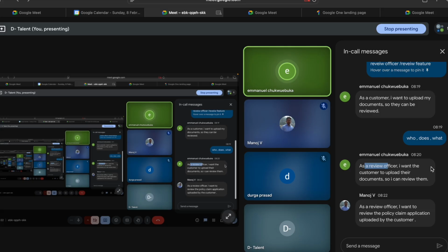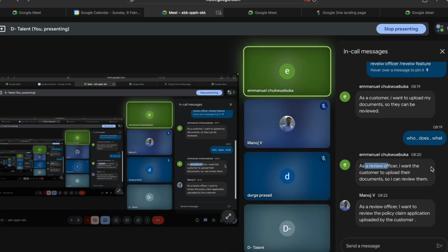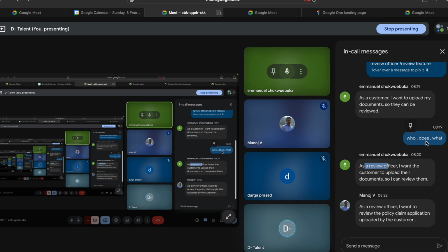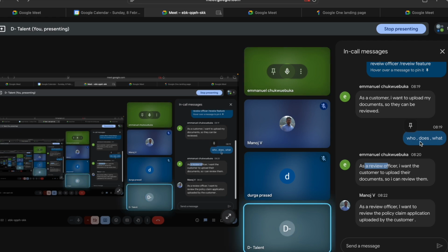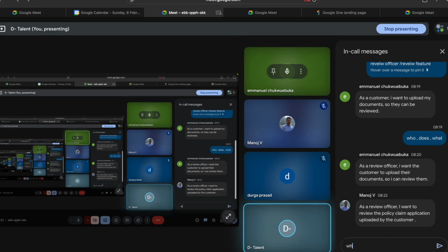I'll write I want, so that this piece, which is what, claims, right? That's very one word. As a review officer, I want to review the submitted documents so that I can, no, where you are applying, so I can approve or review, not upload.